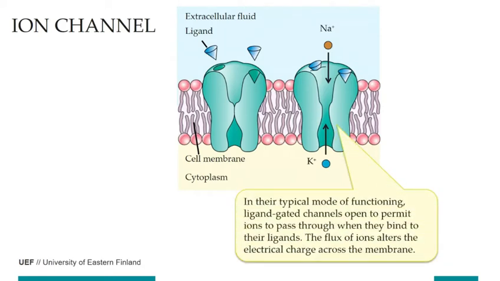So in the typical mode, these ligand-gated channels open to permit the ions when they bind these ligands. And then when the ligand moves away, this ion channel is closed. And then it's affecting the electric charge across the membrane, meaning electricity.